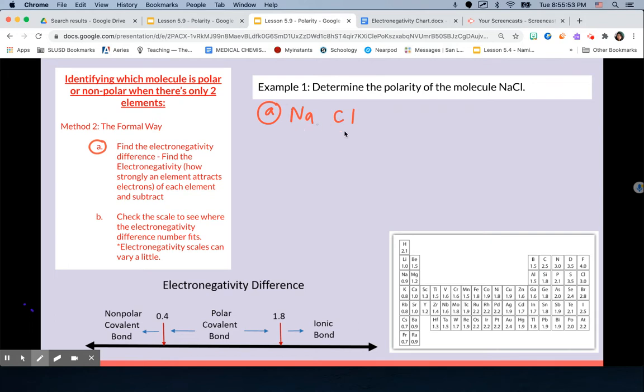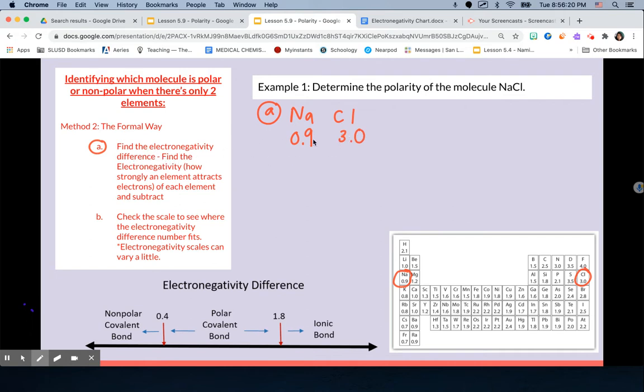It doesn't really matter which one goes first. So using my electronegativity table, and this I will provide for you, the electronegativity number, or how strongly Na wants electrons, is 0.9. Cl, on the other hand, is here, and its electronegativity number is 3.0.